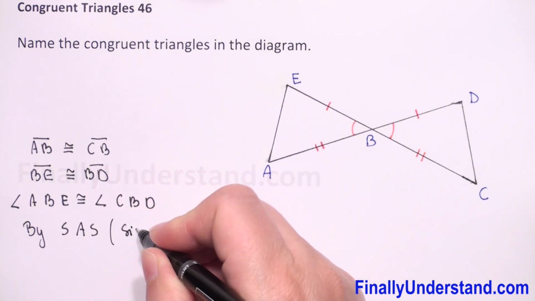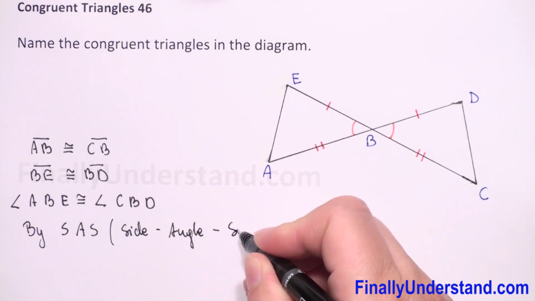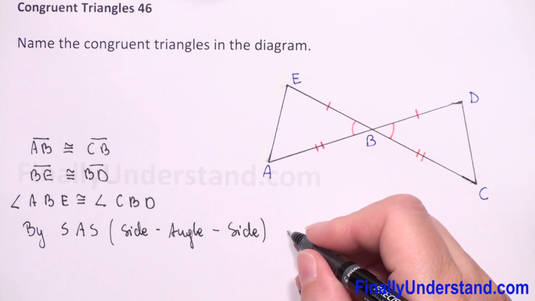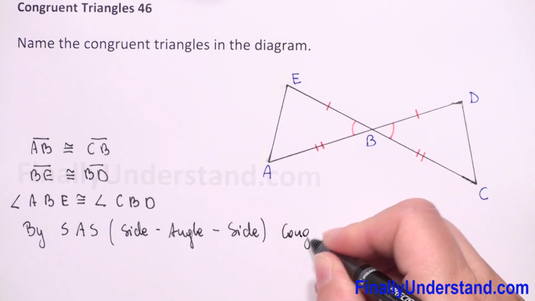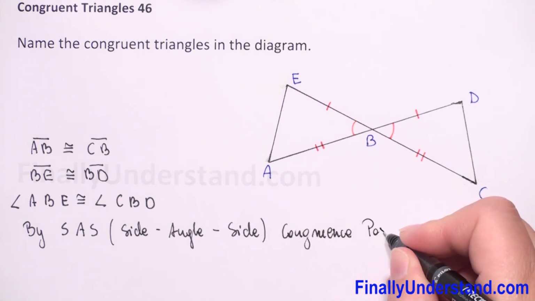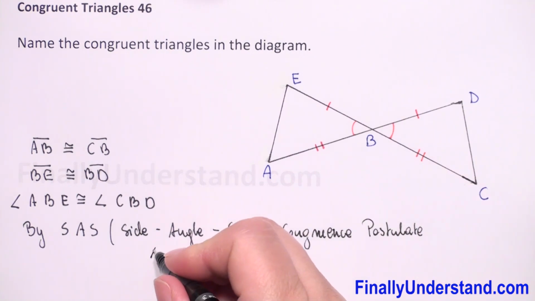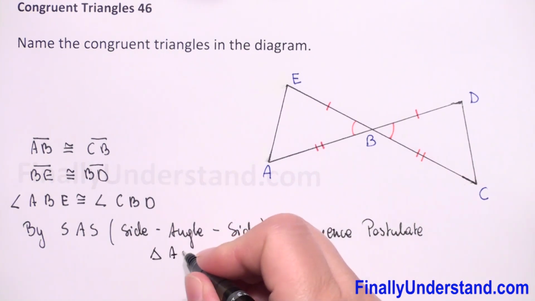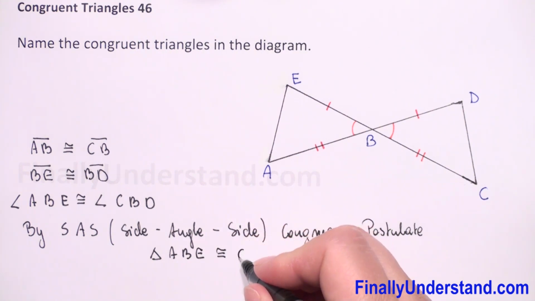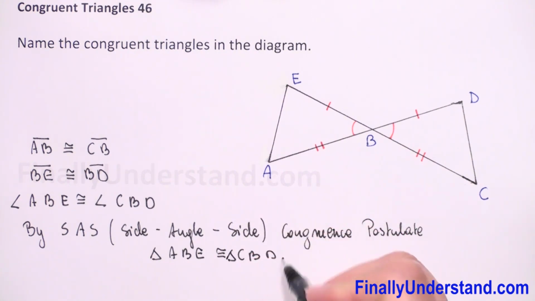So by side, angle, side congruence postulate, triangle ABE is congruent to triangle CBD. This is my solution.